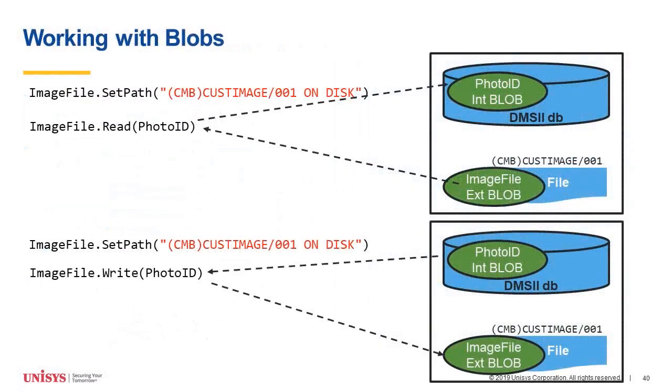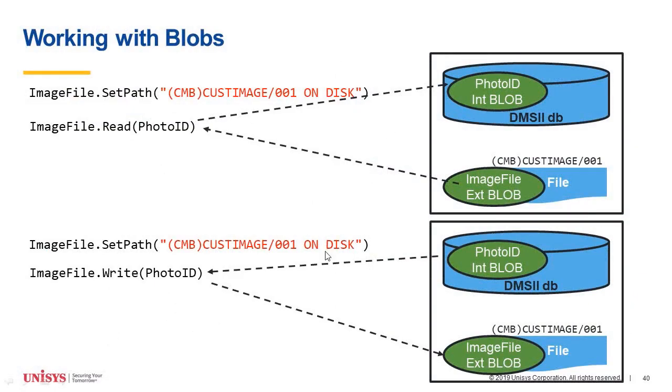What that anchors to, and a way to help you remember the sense of what's going on, is that it's really referring to the file. And so that's the orientation from which this comes. In other words, when you read the file, what you're doing is putting it into the database.